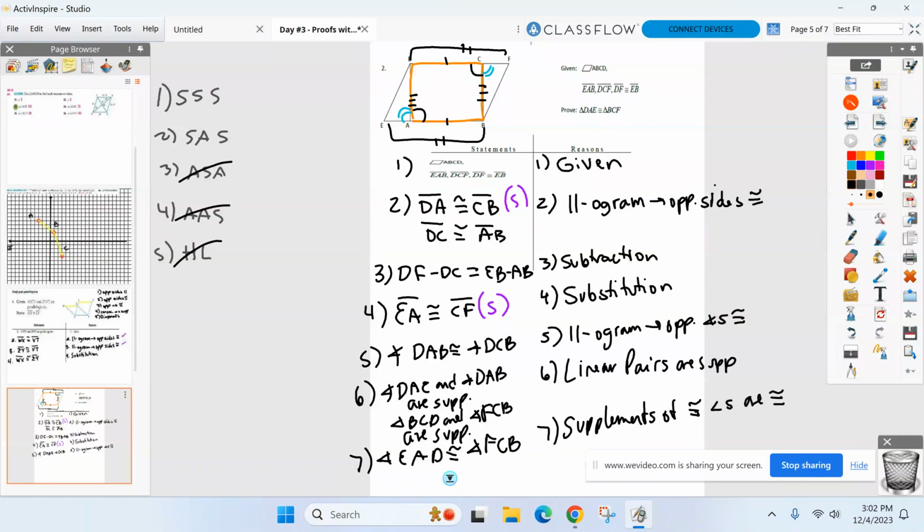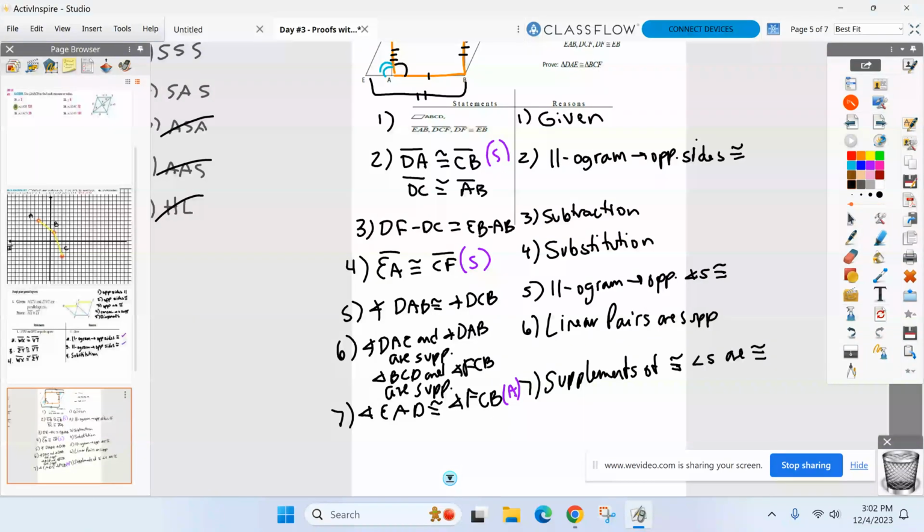And there is the A I needed for side angle side. So step 8, finish it up. Tell me those triangles are congruent. And we're all set.